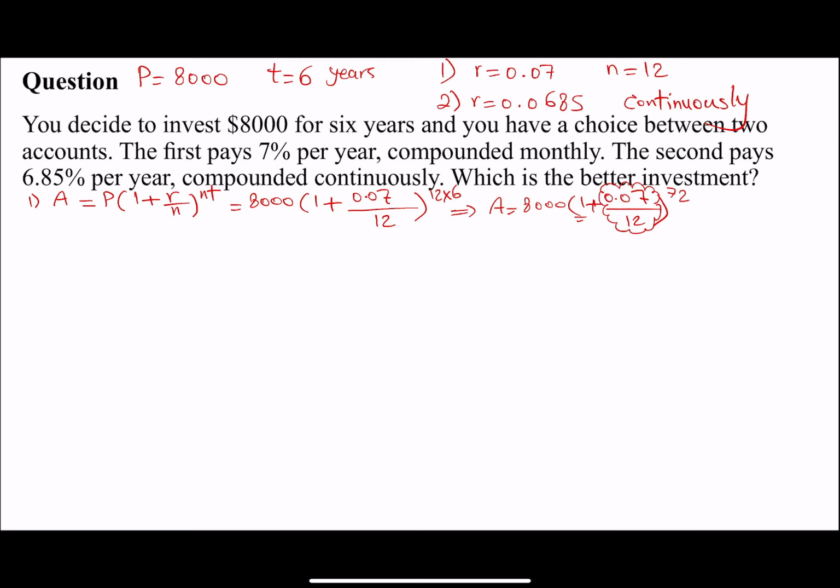Then I calculate that result to the power of 72, which gives me a number. Now I multiply that by 8,000. So I get something around 12,160.8. Here we go, that's the future value for option 1.